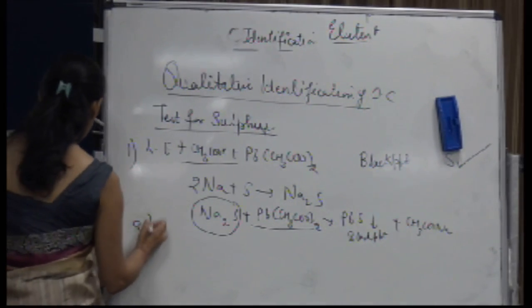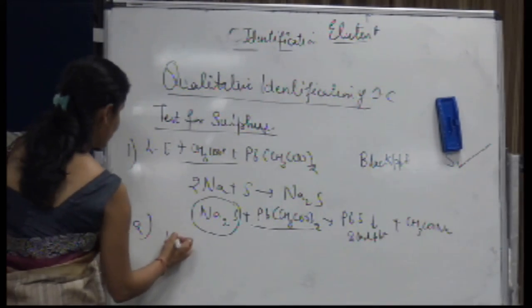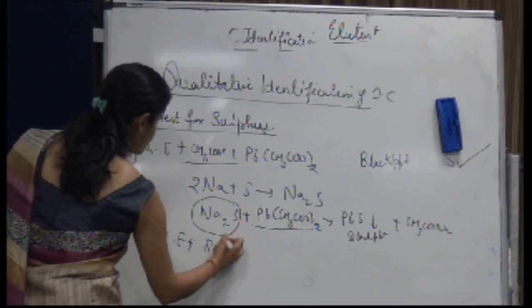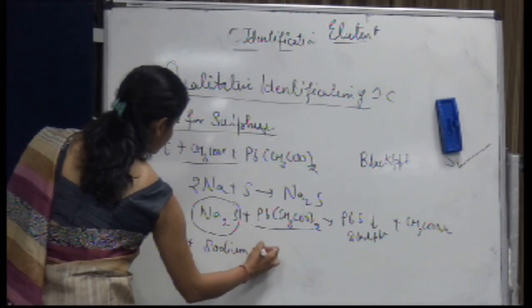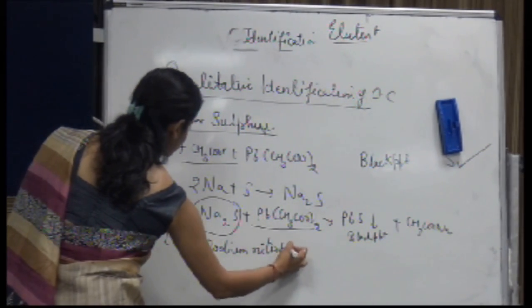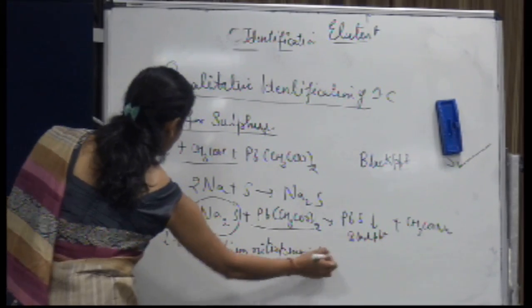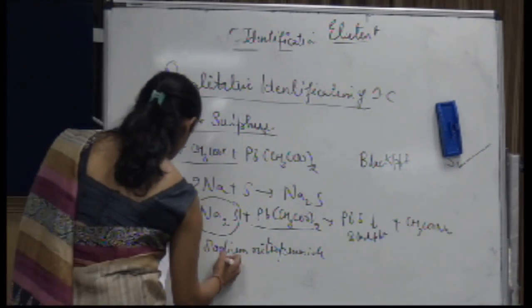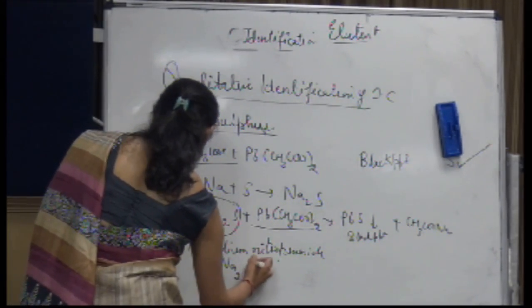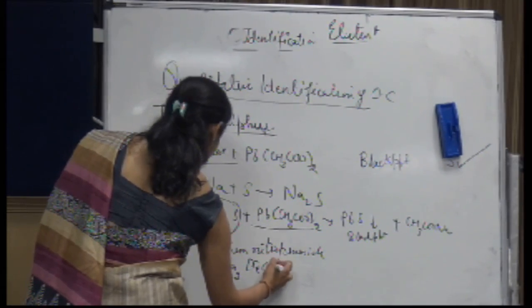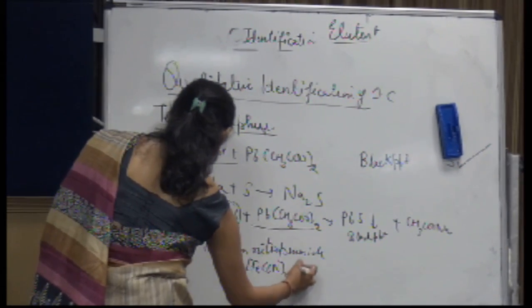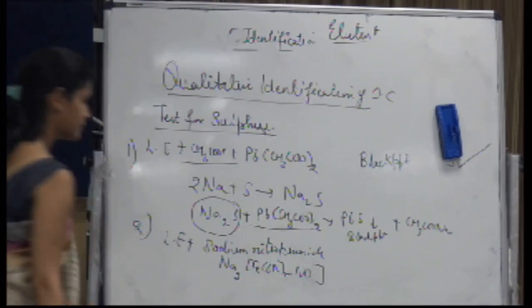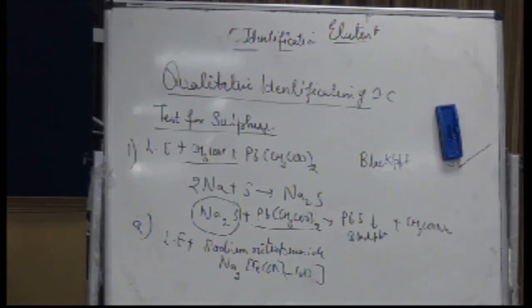There's another test for sulfur in which I add sodium nitroprusside to it. What is the formula for sodium nitroprusside? It is again very important from exam point of view. It is Na2Fe(CN)5NO.